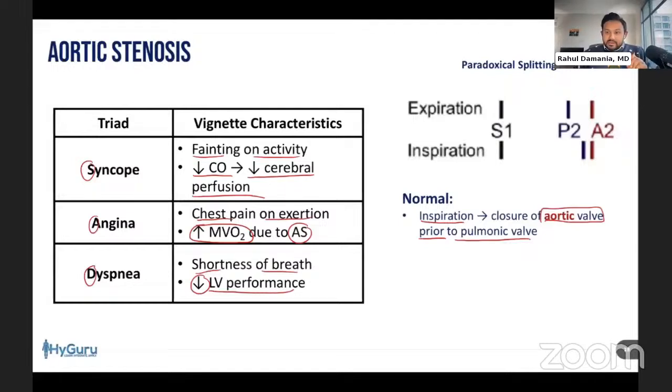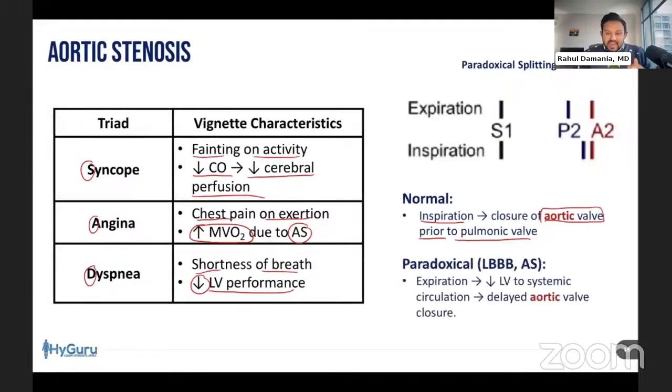However, in aortic stenosis, you are going to get a paradoxical split. And this is going to be where the aortic valve is actually going to close after the pulmonic valve, specifically on exhalation. What you're going to note here is that the paradoxical S2 is going to be due to any sort of pathology that is going to reduce left ventricle pumping out to the systemic circulation.